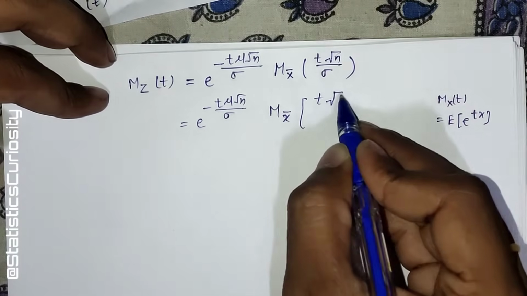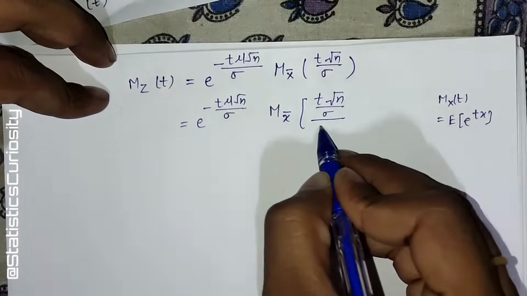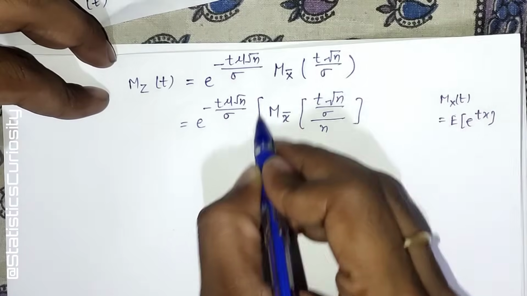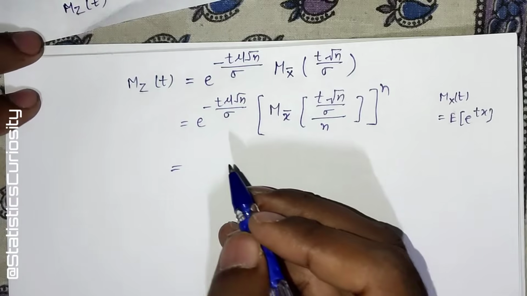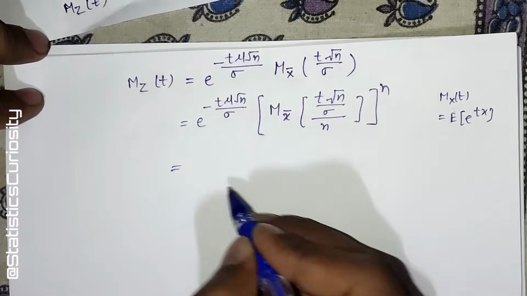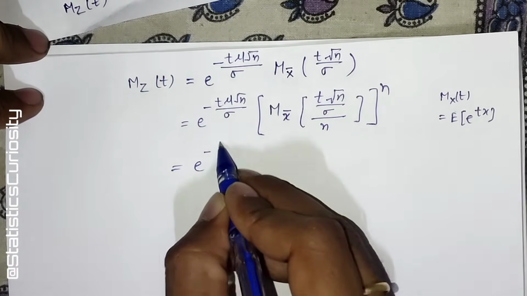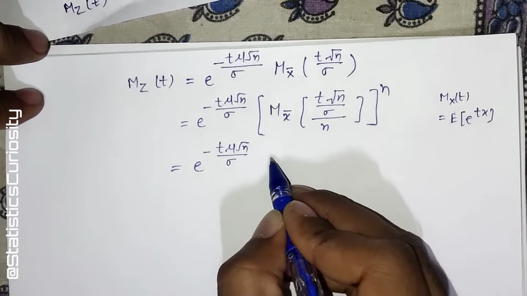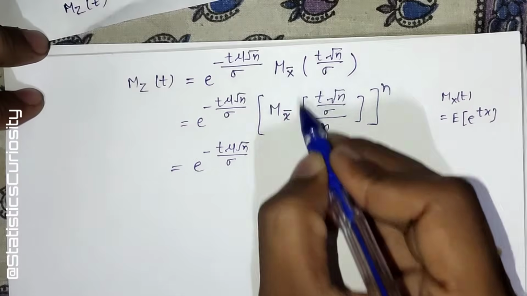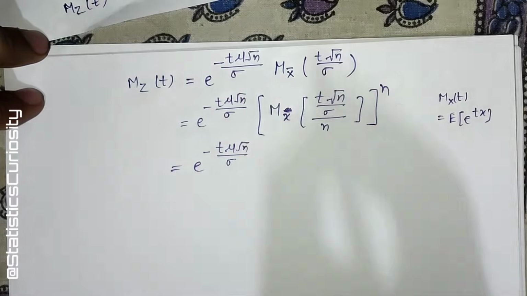We will divide this entire term by n and take the whole power n. Now we can write it as e raised to the power minus t mu square root of n divided by sigma, and now this x bar is converted into x.